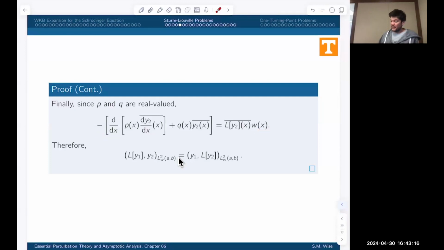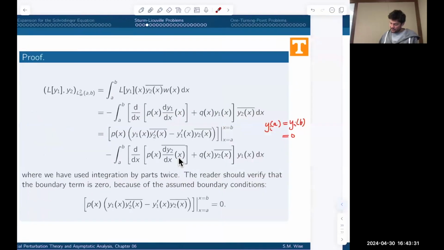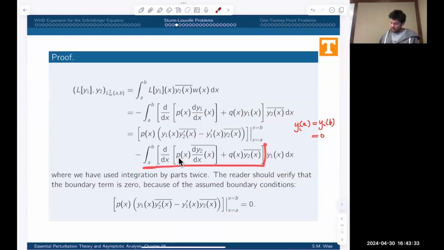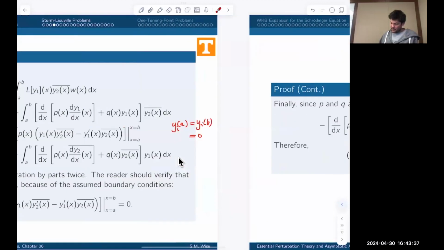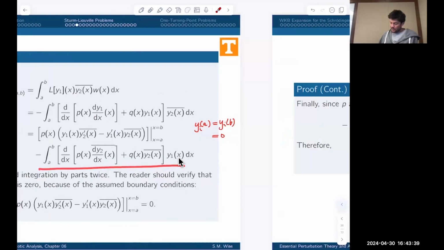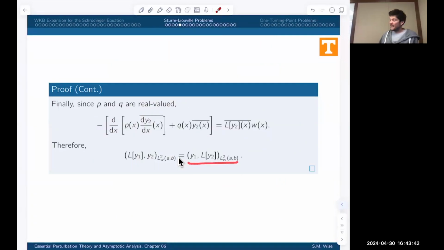That's why we're taking w to be strictly positive and bounded away from 0 on the interval of interest, okay? So now you just recognize this is the thing which appeared here. The thing on the right, all of this jazz, is just this. And so that shows that L is indeed a self-adjoint or Hermitian operator.